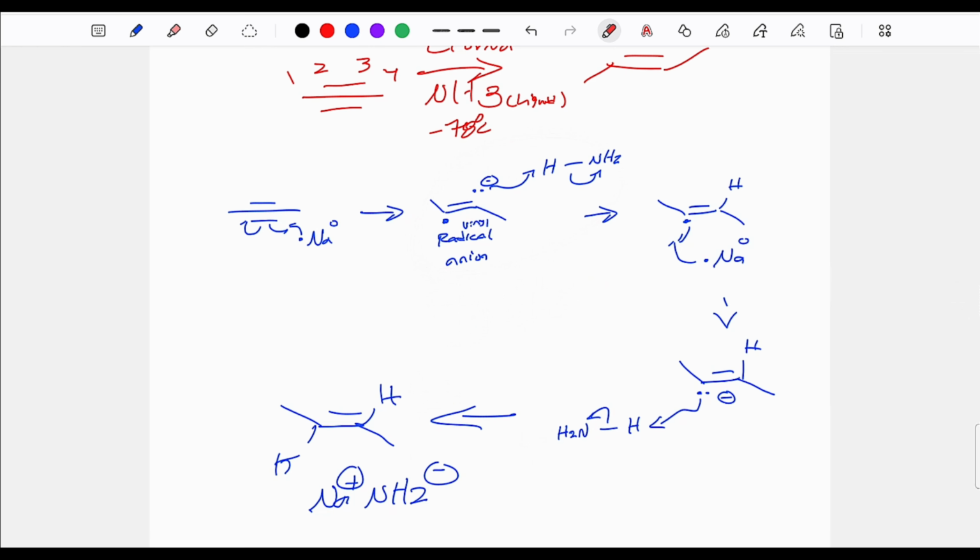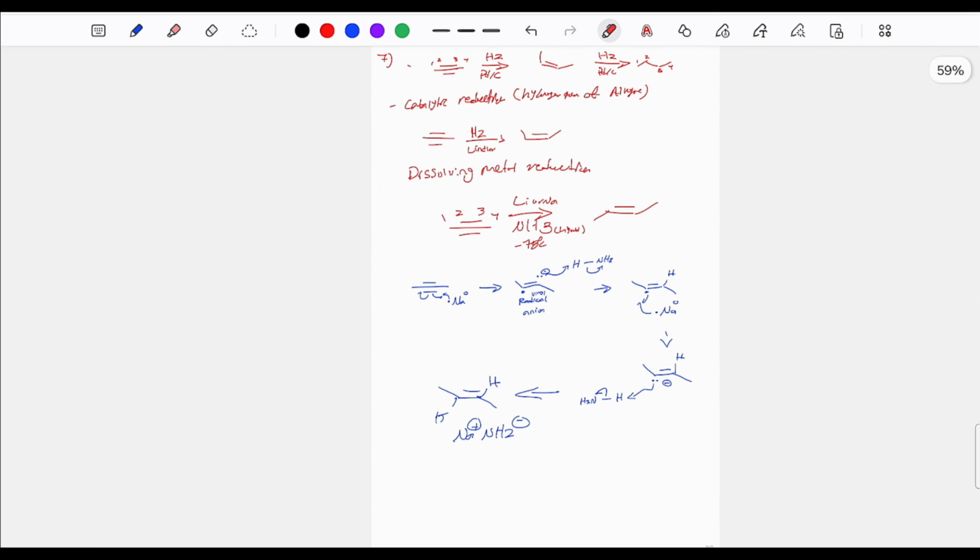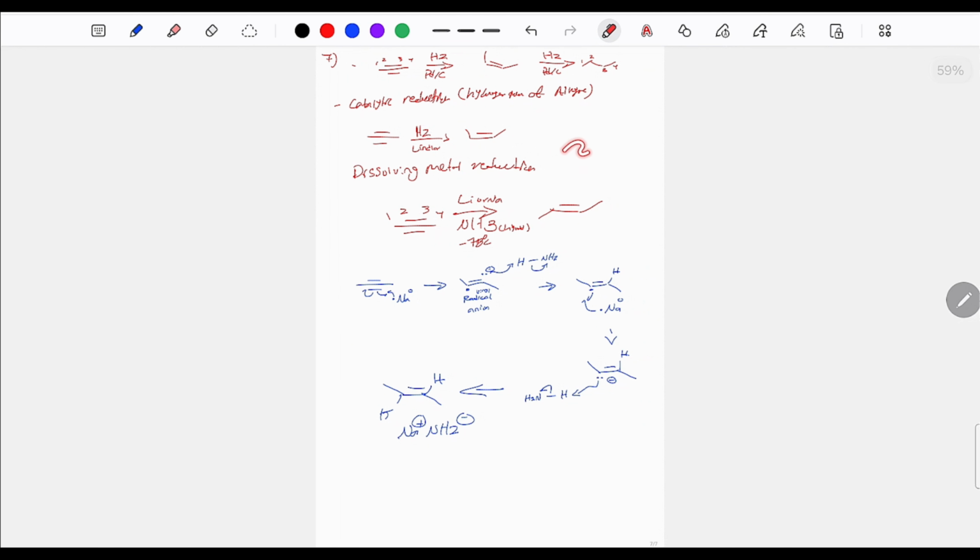So, this is the important part. But again, I do just want you to remember that there are three kinds of reductions that we took a look at. One is a complete reduction from an alkyne to an alkene. Next is a catalytic poisoned reduction by way of Lindlar's catalyst that gets you the cis-alkene.